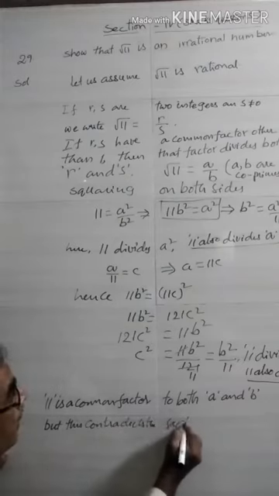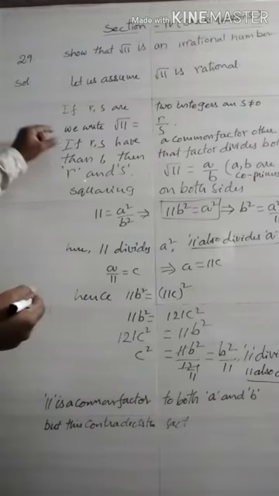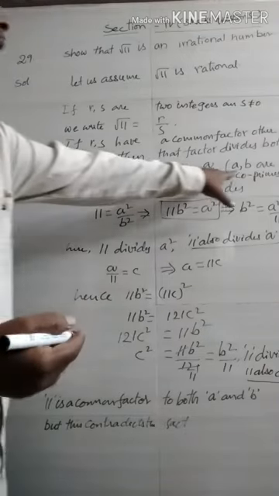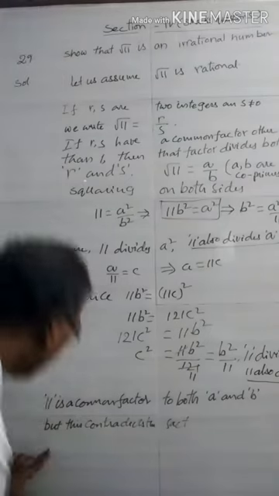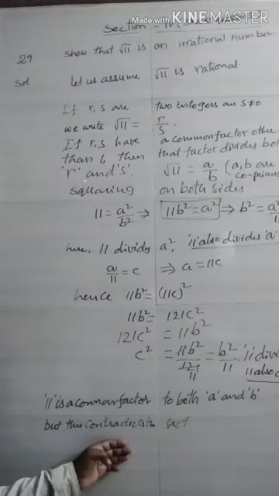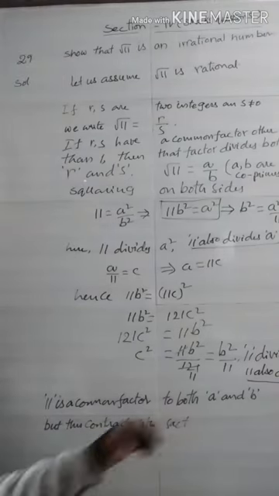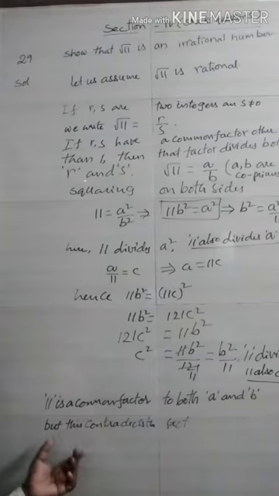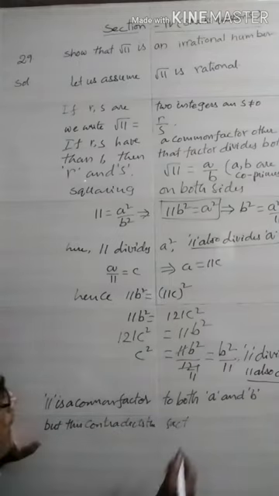What is the fact here? What we took in the beginning: A and B are co-primes. But what we get here is a common factor 11 for both A and B. So this is the contradiction.